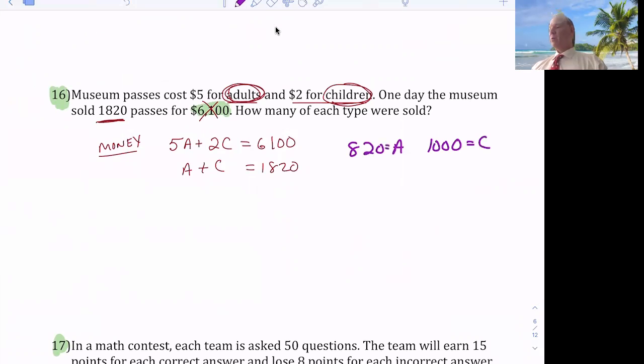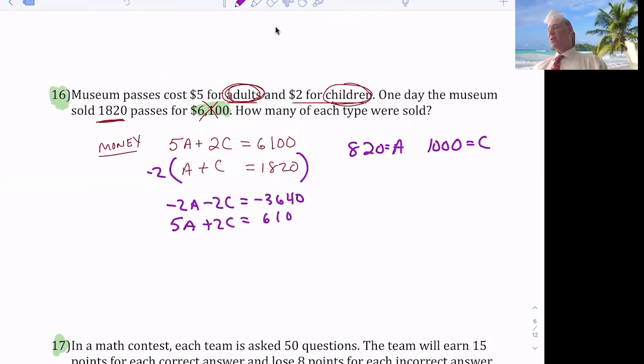Appreciate that. We're just going to multiply, just to make sure, guys, multiply this by -2, and that'll eliminate the children, the C. So that'll be -2a minus 2c equals -3640. I'm going to bring down the other equation, 5a plus 2c equals 6100.